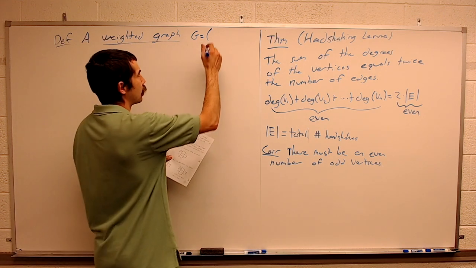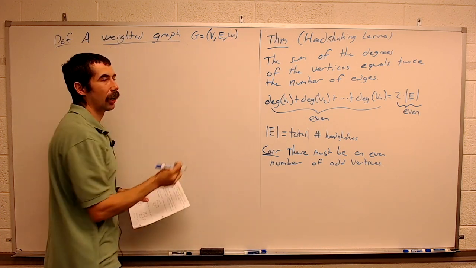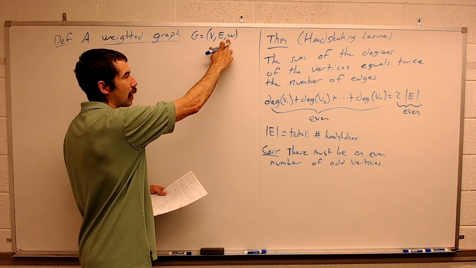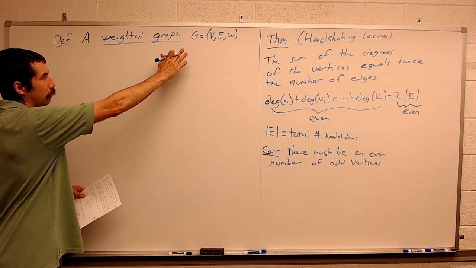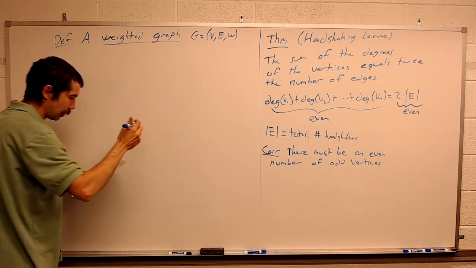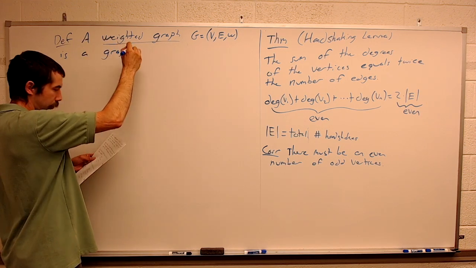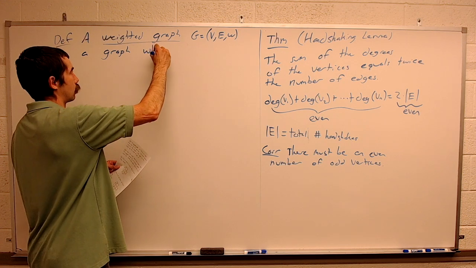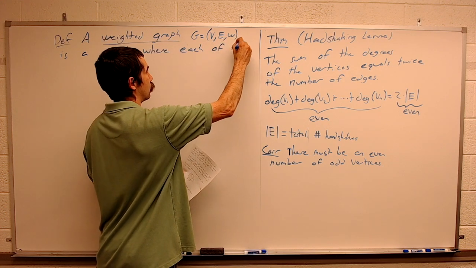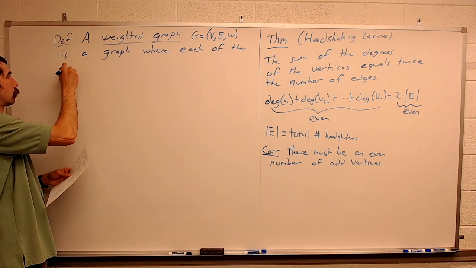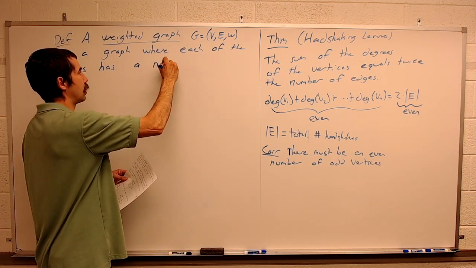Well, it has a vertex set, it has an edge set, and then it also has a weight, which is the Greek letter omega, but it looks like a W, so you can just write W. So a weighted graph G of V, E, omega is a graph where each of the edges has a number associated to it.